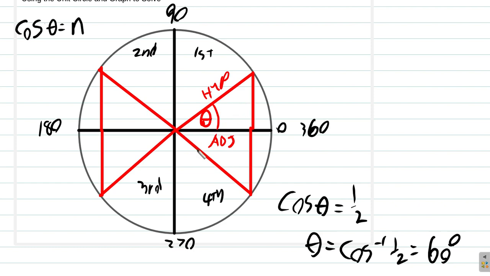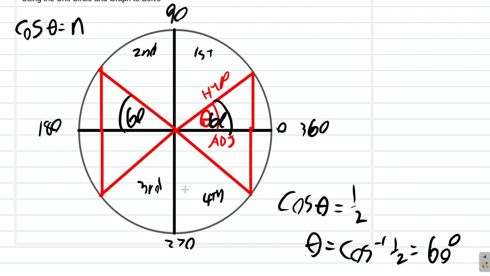It's just that two of them flip downwards, one of them flips to the left. These four triangles, right? This, this, this, this. They all have the same length of adjacent and the same hypotenuse. Now, if you consider this angle here, since this is 60 degrees, this will be 60 degrees as well.